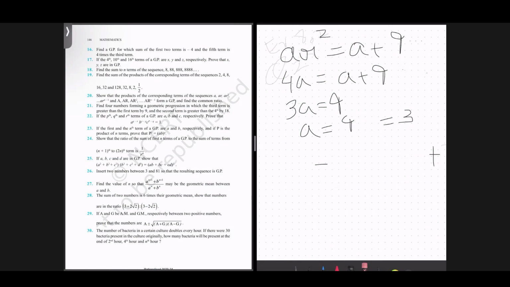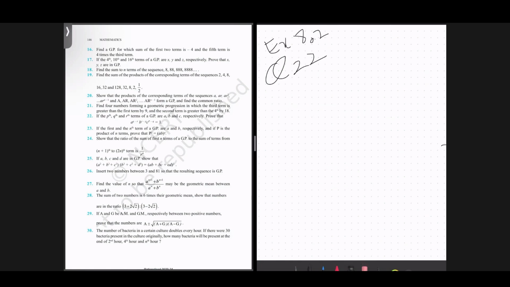Moving on, question number 22. If the pth, qth, and rth terms of a GP are a, b, and c, prove that a raised to the power q minus r into b raised to the power r minus p into c raised to the power p minus q is going to be equal to 1, right?